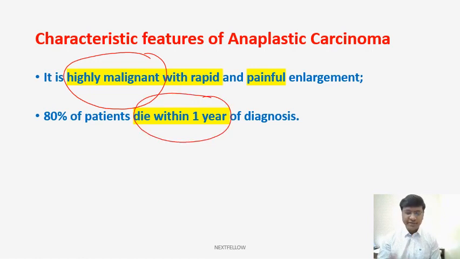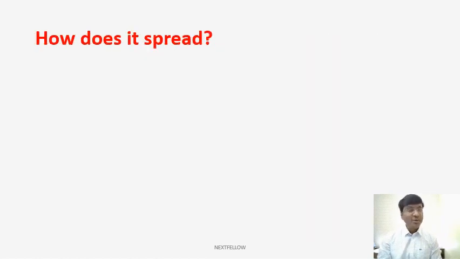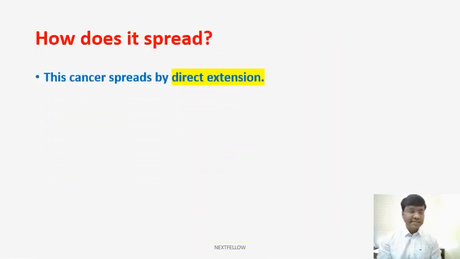So these are the characteristic features. And how does it spread? This cancer spreads by direct extension. So to summarize the spread: papillary carcinoma, lymphatic spread; follicular carcinoma, hematogenous spread; anaplastic carcinoma, by direct extension.